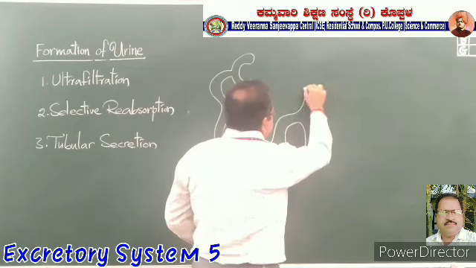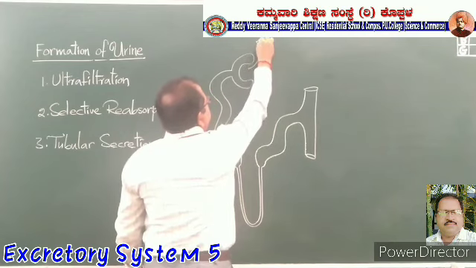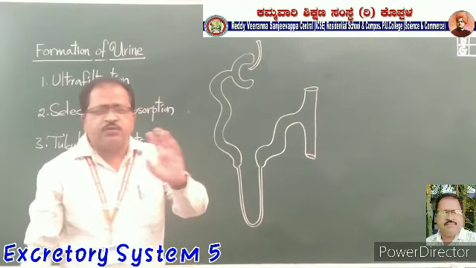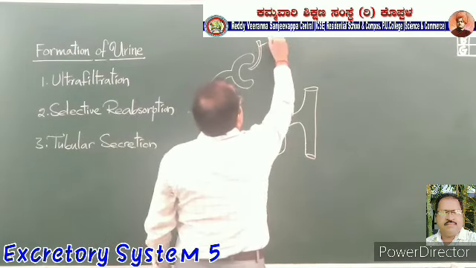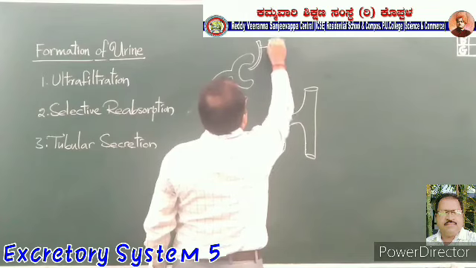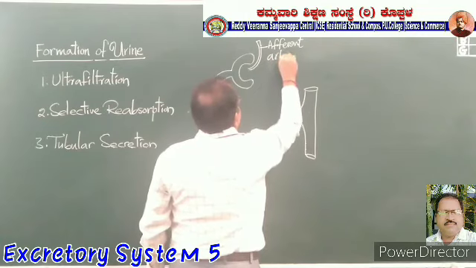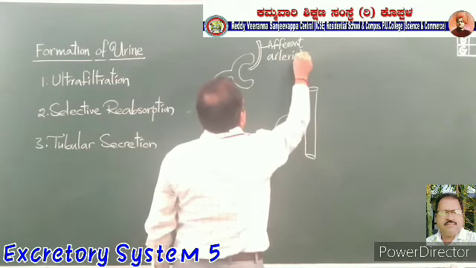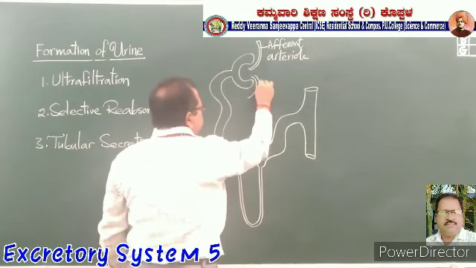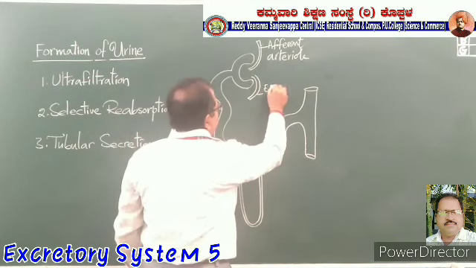So these are the major structures, and here the blood vessel that is entering the Bowman's capsule is the afferent arteriole. The blood vessel which is coming out of the glomerulus or Bowman's capsule is called the efferent arteriole.